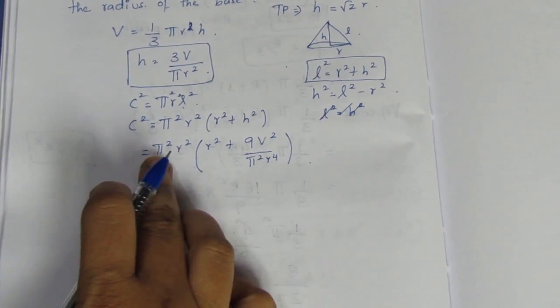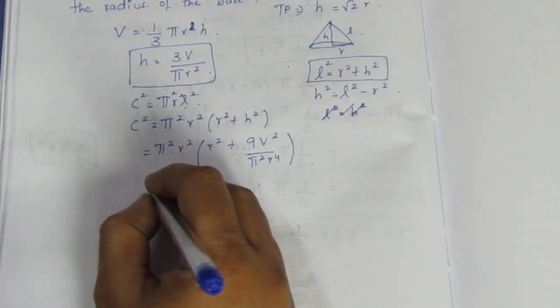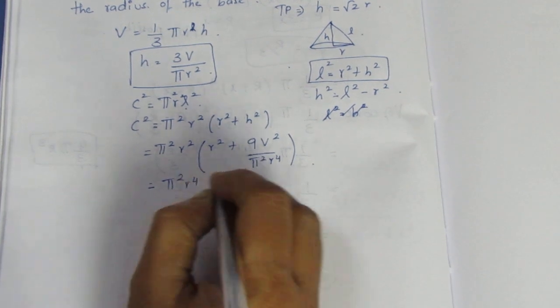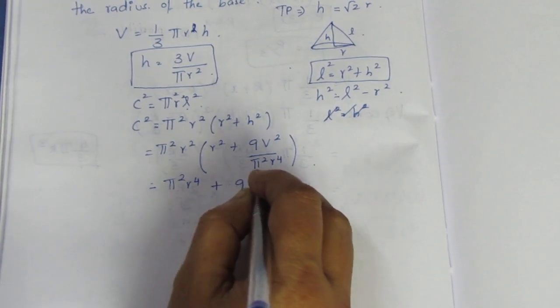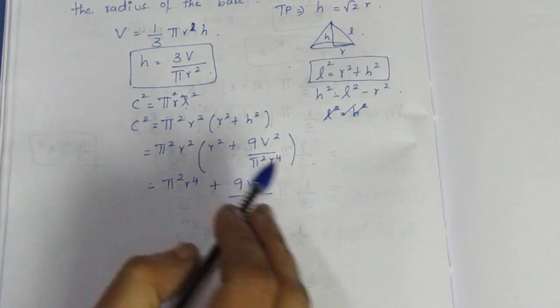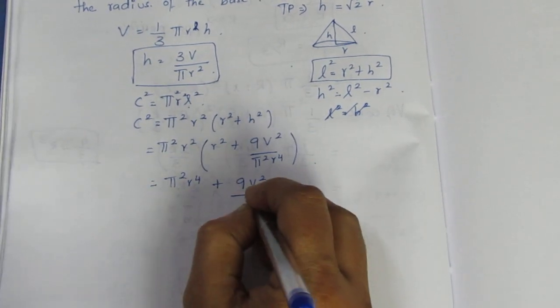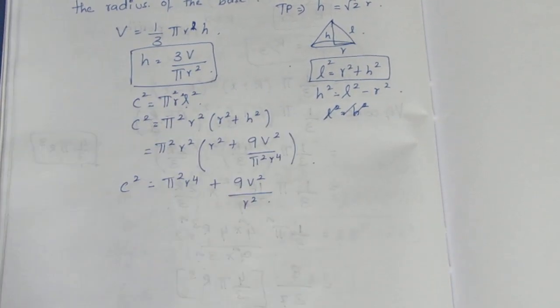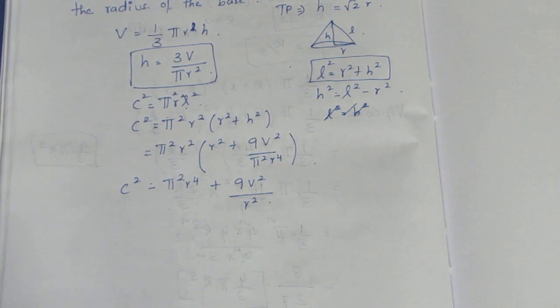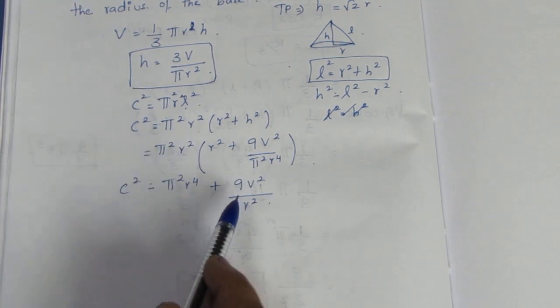Now taking that πr² inside, we have π²r⁴ here plus 9V². By this π², one r² gets cancelled and the rest we have one r² here. So now we got our CSA in terms of r.